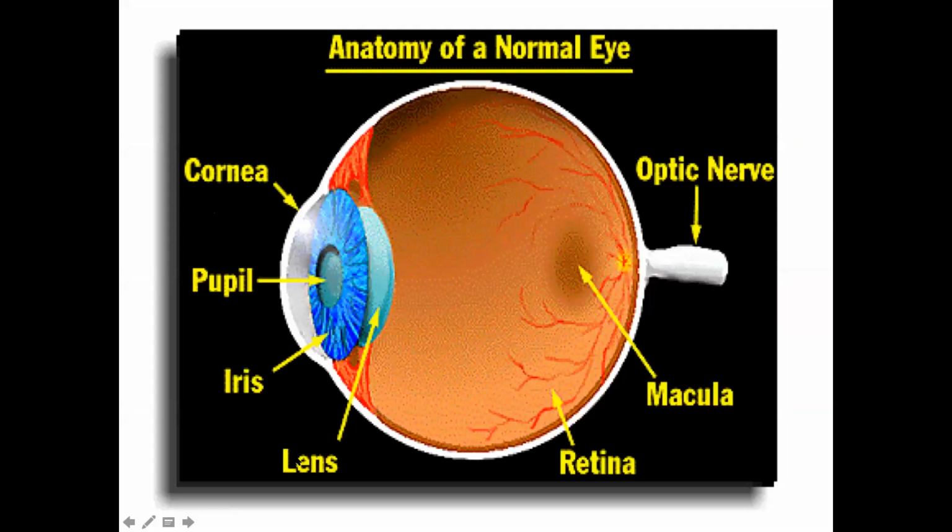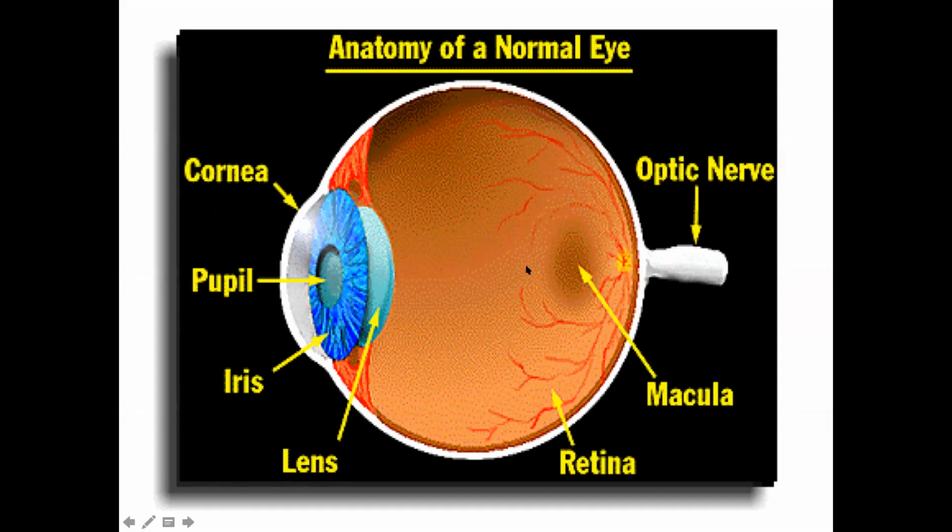Let us begin with the anatomy of the eye. As you can see from this cartoon, the eye may be divided into both the front and the back. The light and images pass through the cornea, which is really like the crystal on your watch. The light then passes through the pupil and through the lens of the eye.